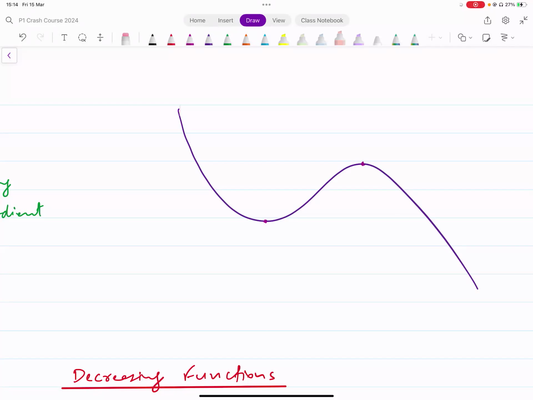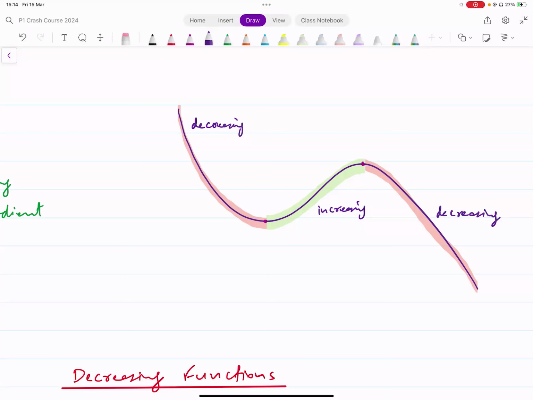Now, this part is decreasing, as is this part. The part in the middle, this is increasing, right? So this is the decreasing part of the graph. This is the increasing part of the graph. And this is again a decreasing part of the graph.